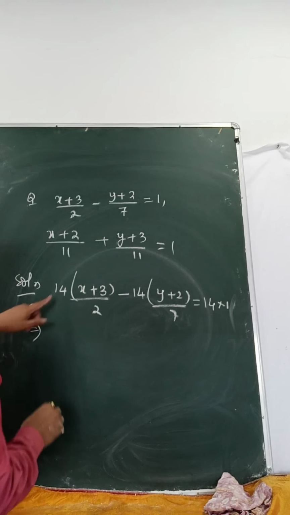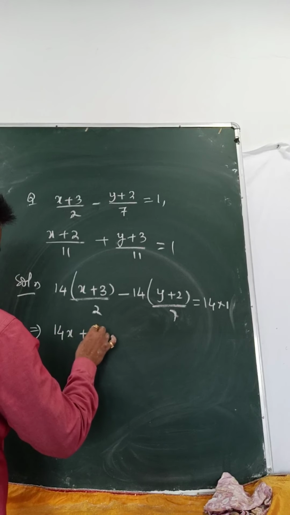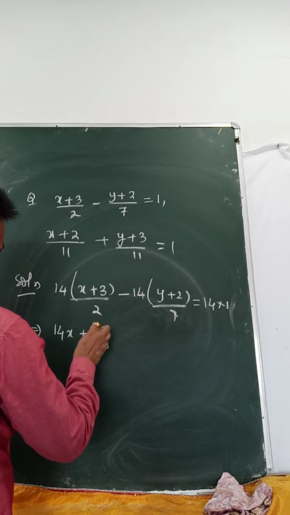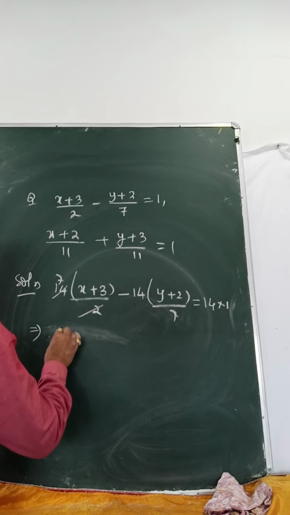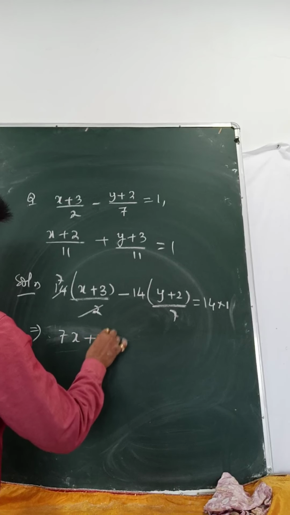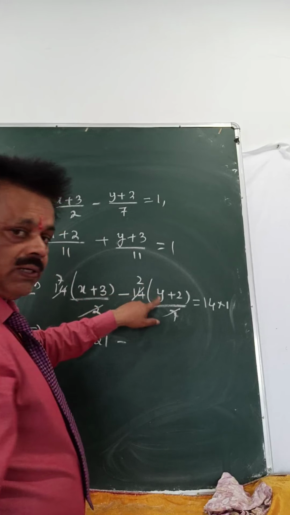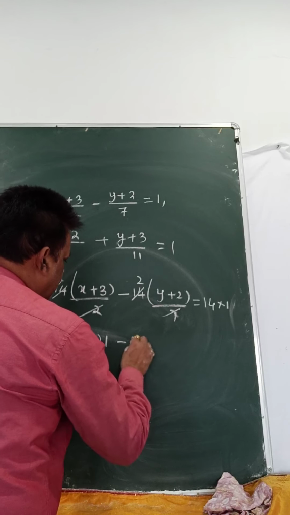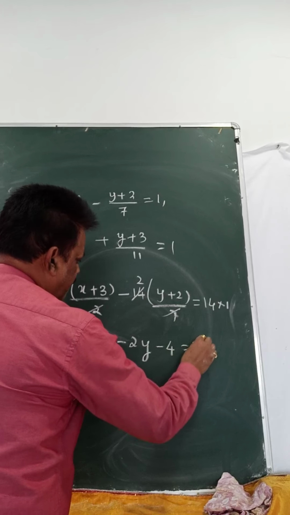So 14x plus 14, so we will cancel here 7. 7x plus 21, here cancel 2. Minus 2y minus plus minus 4 equals 14.